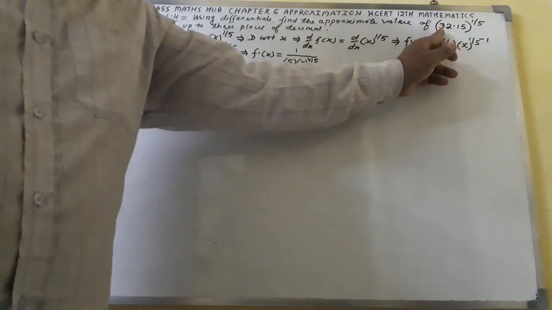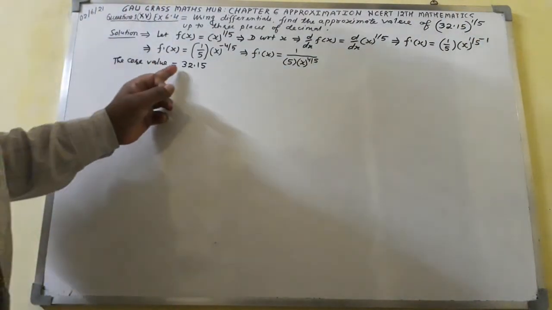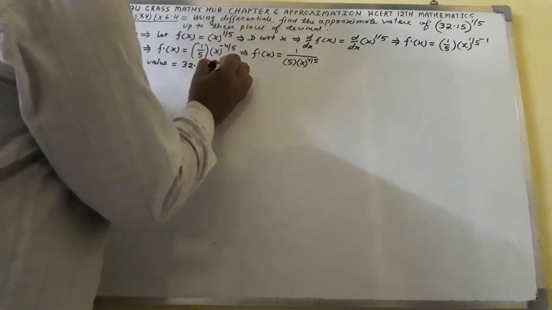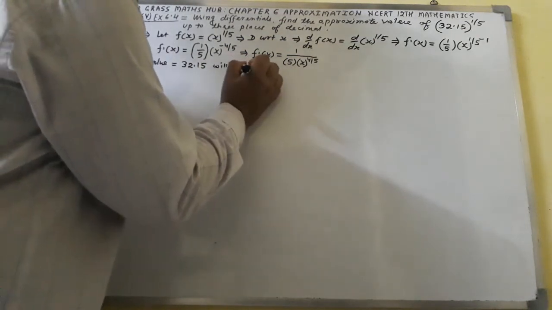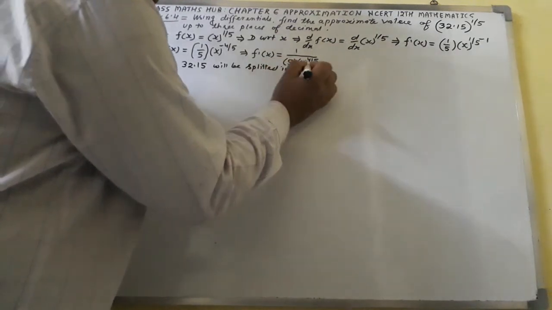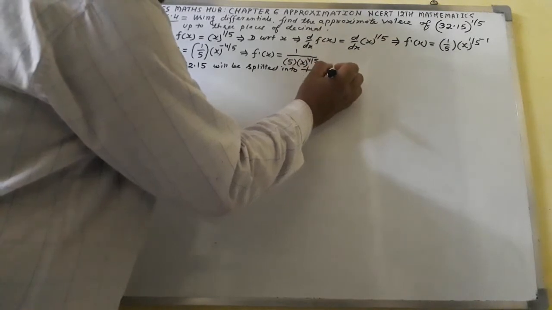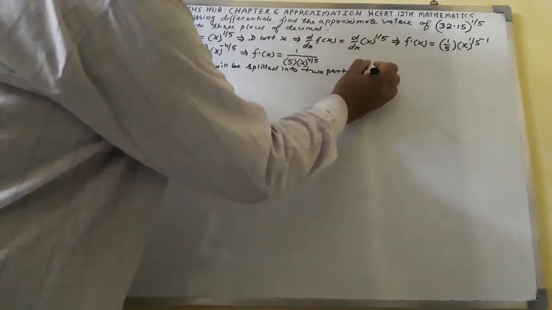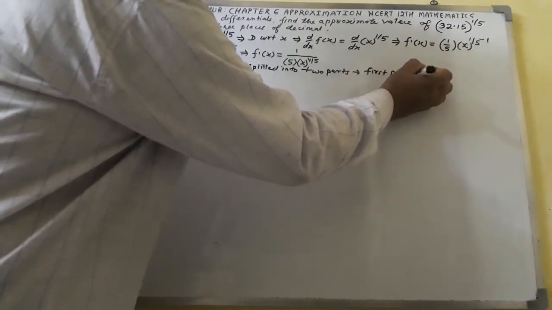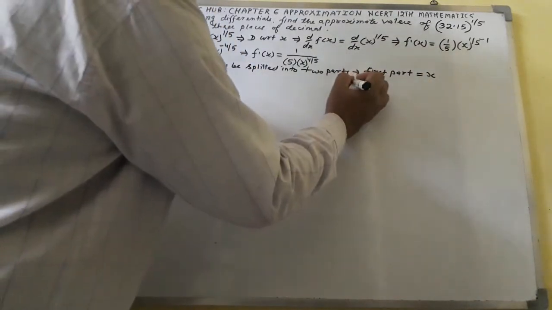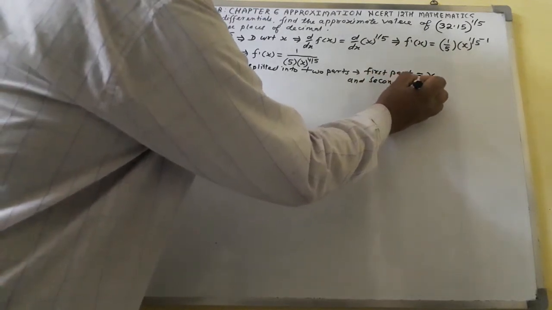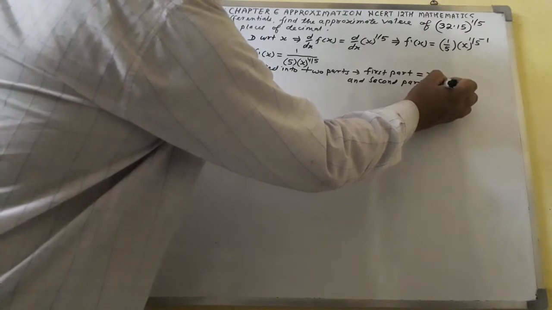The given value 32.15 will be split into two parts: the first part equal to x and the second part equal to delta x.